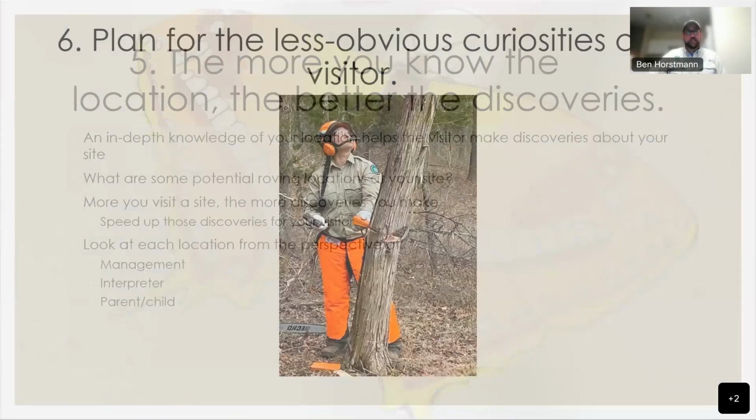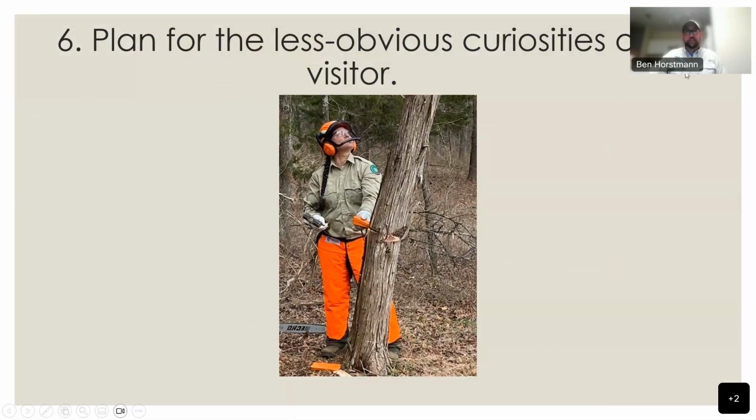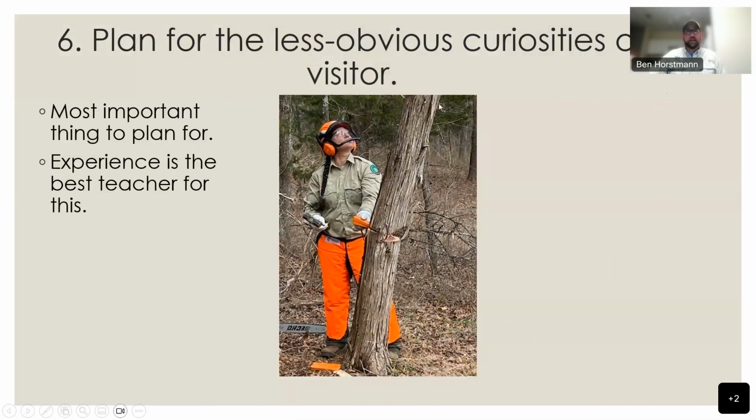Number 6 is plan for the less obvious ones. Yeah, stores is great. So, less obvious curiosities of the visitor. I know a lot of weird things come up, and park rangers have lots of great stories about this. I'll be leading somebody on a bird walk and we will see a little chunk of fungus, and that will take up 20 minutes of our day, especially when you've got little kids.